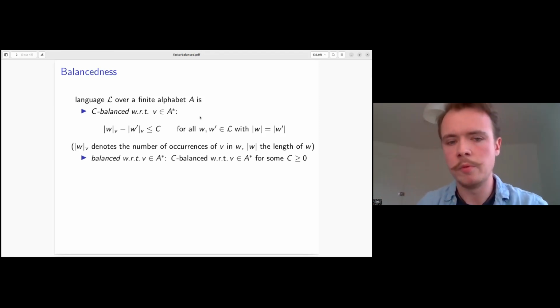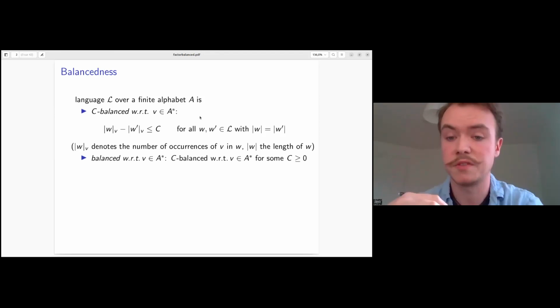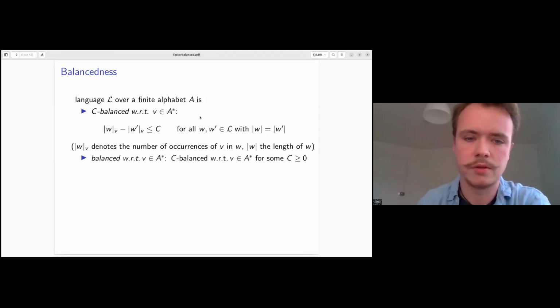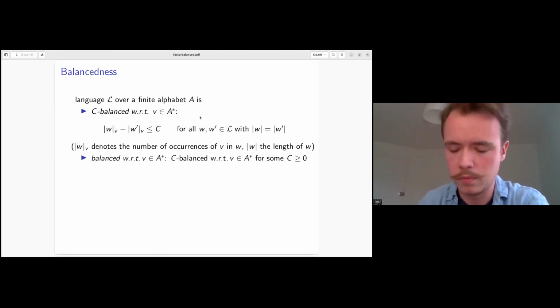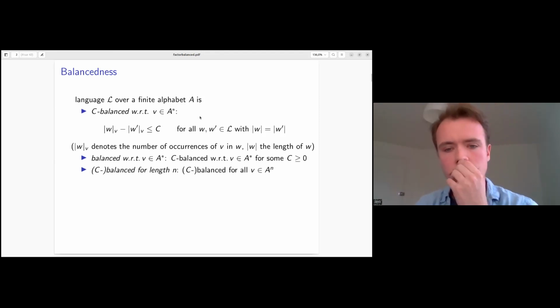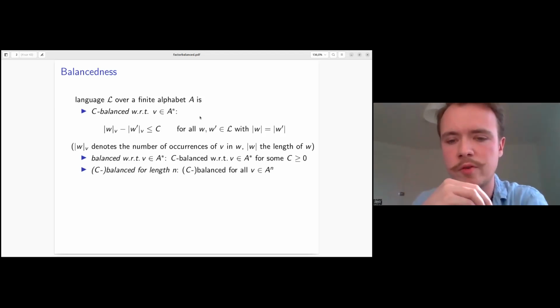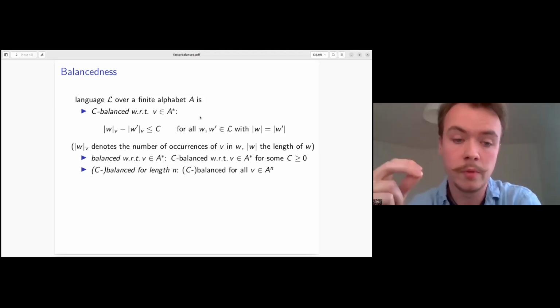Sometimes we will omit this constant C, as the question that we are mainly focusing on is the existence of some constant, the fact of being balanced with relation to a certain factor V. This is called balancedness, more generally, and not C-balancedness. If you need to go a bit stronger, for example being C-balanced for all V of some length n, then you call it balancedness for length n.